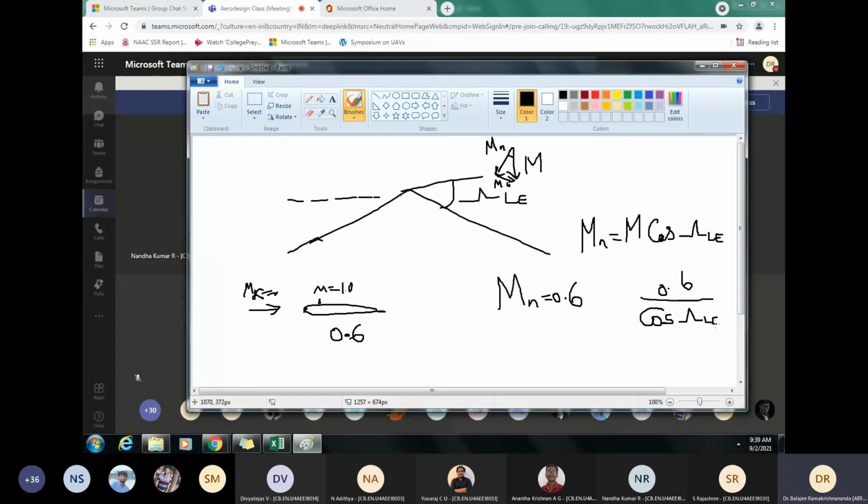Up to this Mach number, the Mach number will not reach 1 on the airfoil, like in the normal section. So your shock formation will be delayed. Only if it goes more than 1 will you have a shock formation.